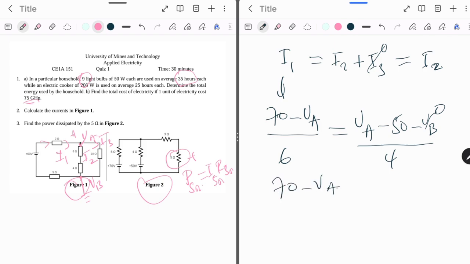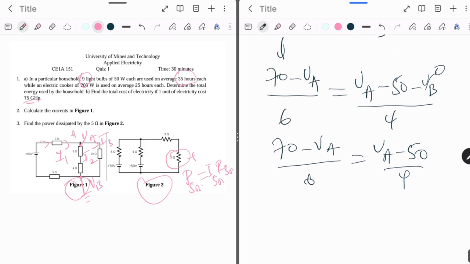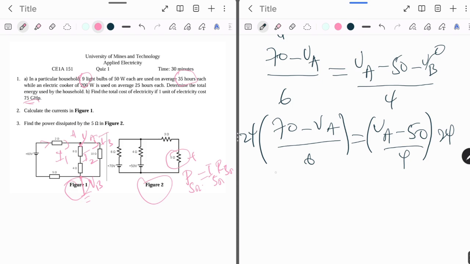So we get 70 minus VA over 6 equals VA minus 50 over 4. You can solve this by multiplying both sides by 24, and you end up with 280 minus 4 VA equals 6 VA minus 300.